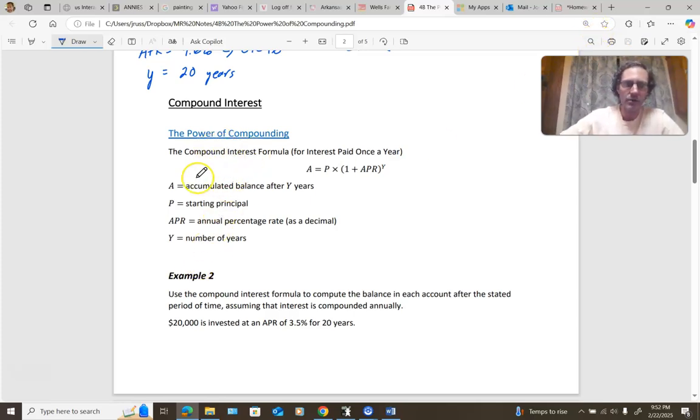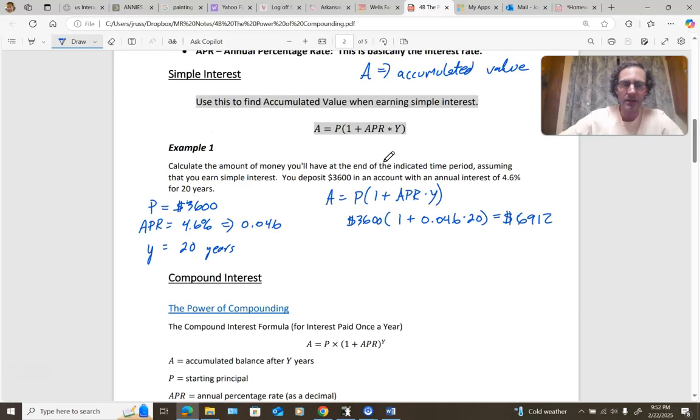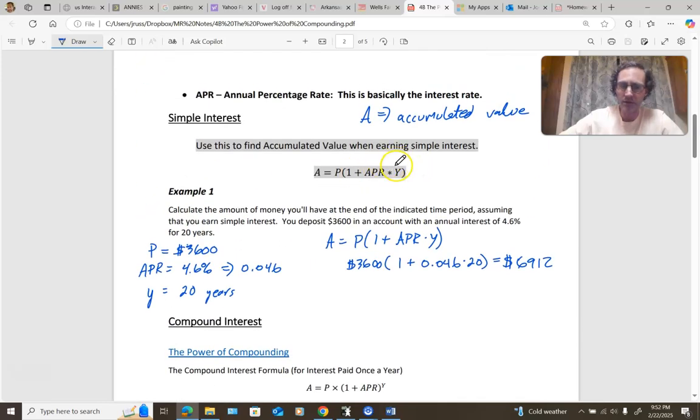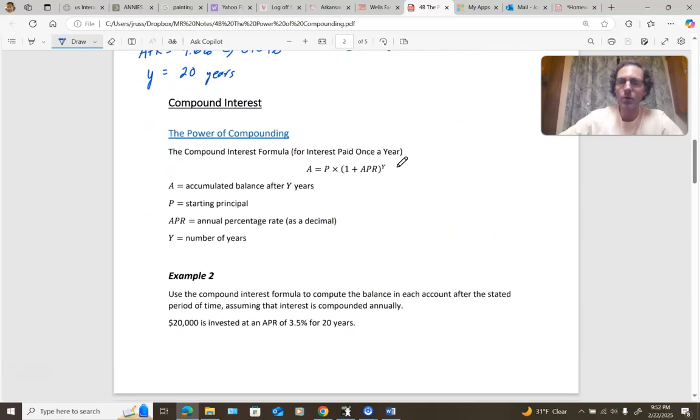We know A represents the accumulated value, P represents the principal, the APR is the interest rate, and Y represents the number of years. Look where Y is in this formula. It's in the exponent's place, as opposed to the formula for simple interest, where it's not. And that's what causes the difference in growth. That's where we get this exponential growth.